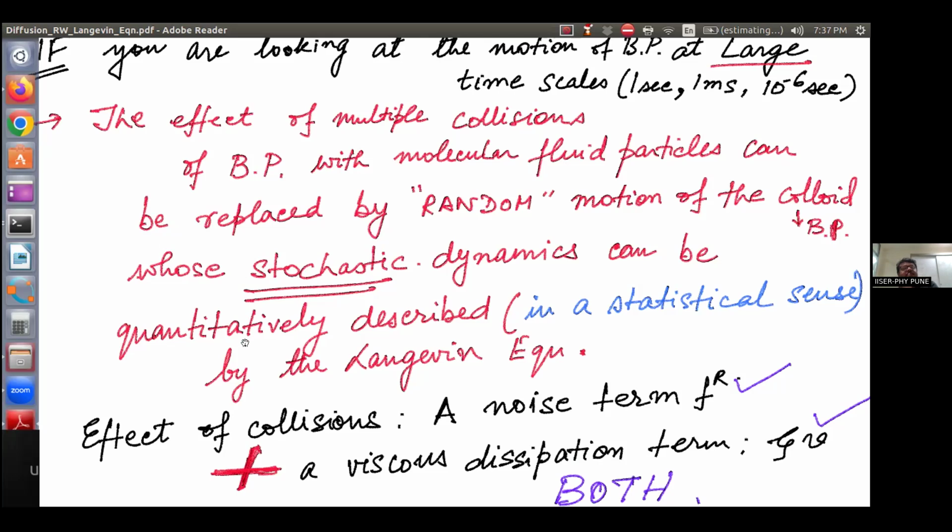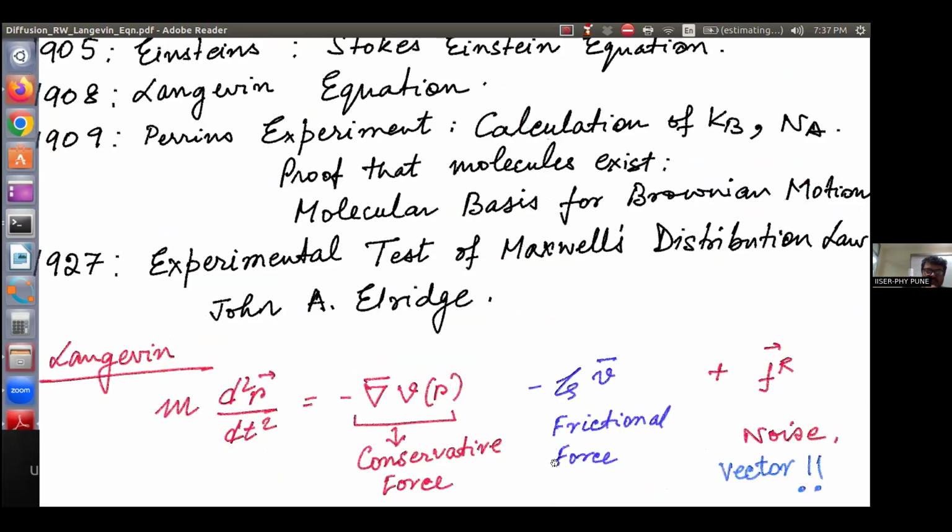So when you say that the position of a particle in a fluid bath can be quantitatively described, it means only in a statistical sense. What does it mean in a statistical sense? We will come to it.